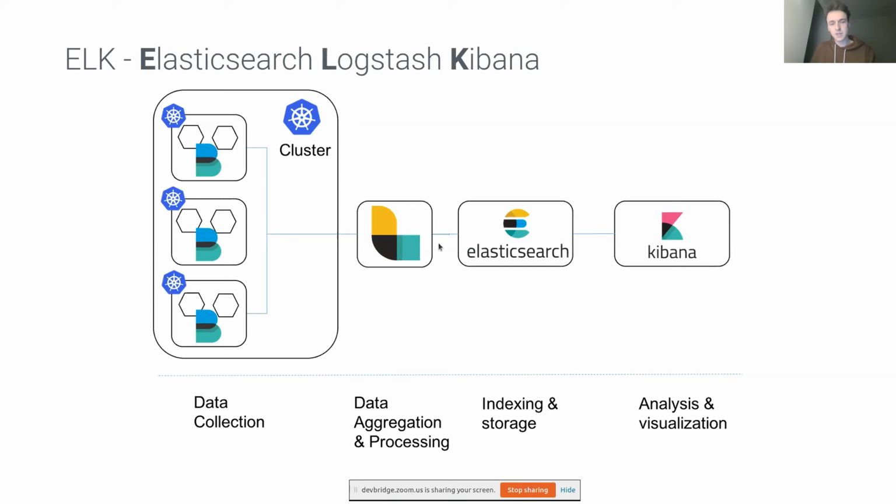Then the data aggregation and processing solution pushes processed data to the index store. In this example, it's Elasticsearch. And then there's an analysis and visualization tool, which queries the database with logs and is able to visualize and analyze those logs.